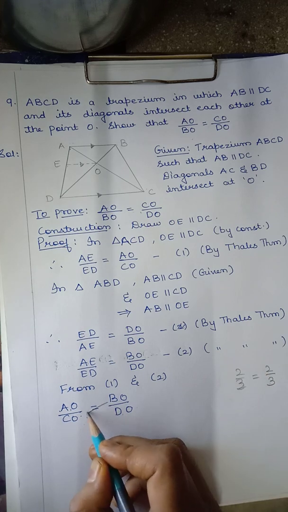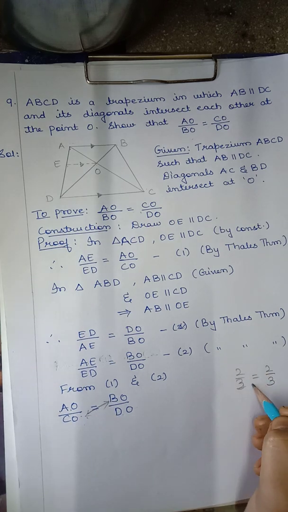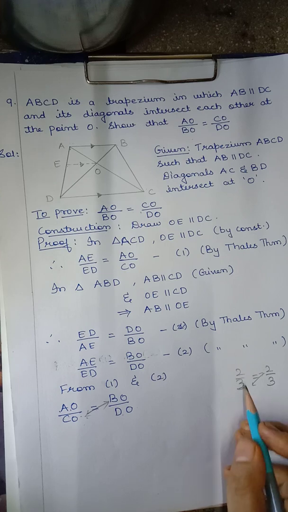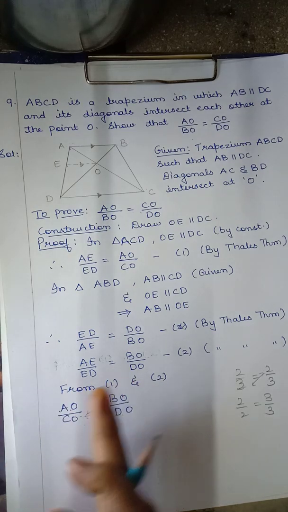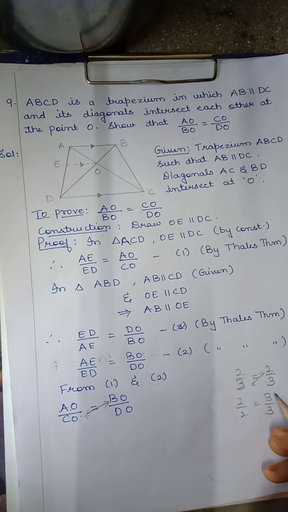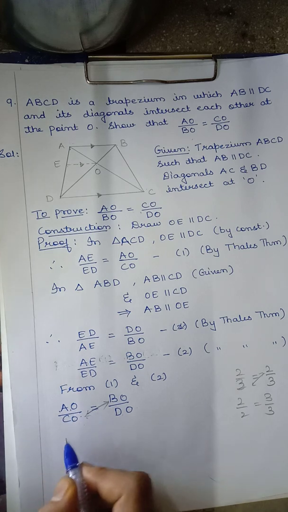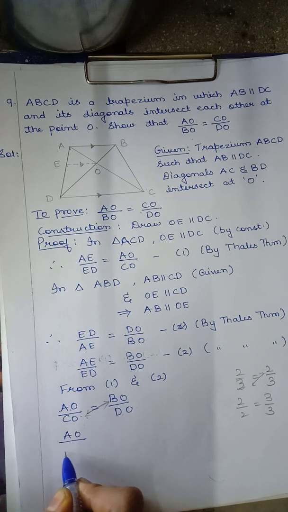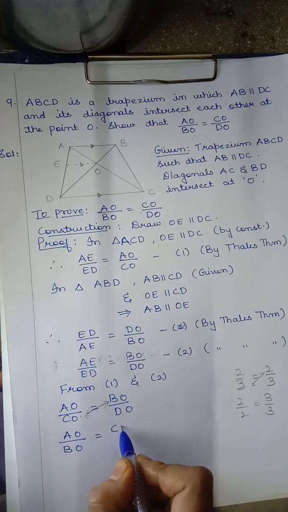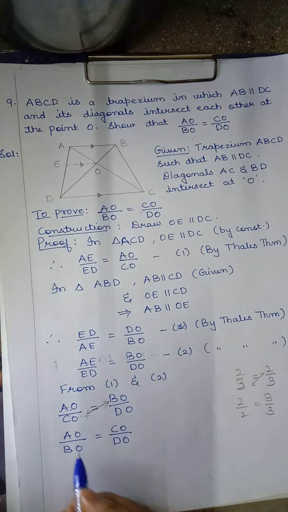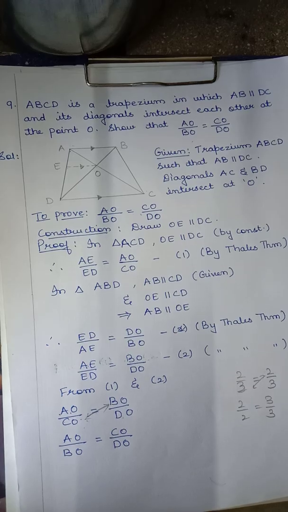Here also we are doing the same thing. If you interchange, you can see whether it is the same or not. Yes, 2 by 2 is equal to 3 by 3, again it is the same. So when the ratios are equal, you can interchange like this. Therefore I will interchange here: AO upon BO is equal to CO upon DO. So now this is what is to be proved. This completes the proof of the ninth one.